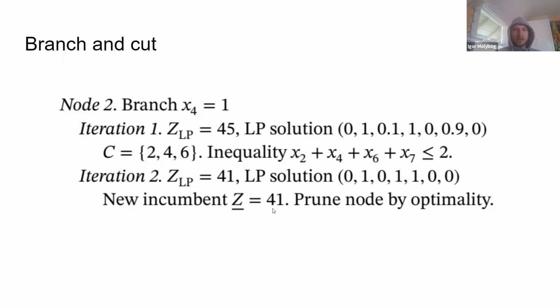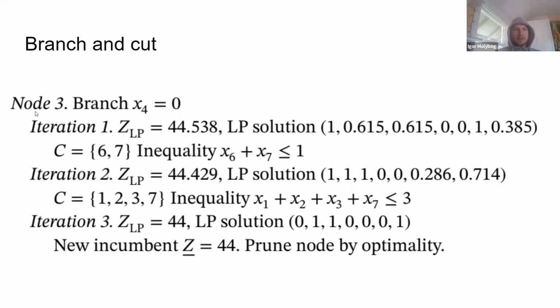We can prune the node by optimality. Node 3 corresponds to the branch x4 is equal to 0. We have to take 3 iterations before we actually converge to a solution of the LP relaxation corresponding to a binary vector. And the new lower bound for the solution is equal to 44. We can again prune the node by optimality.